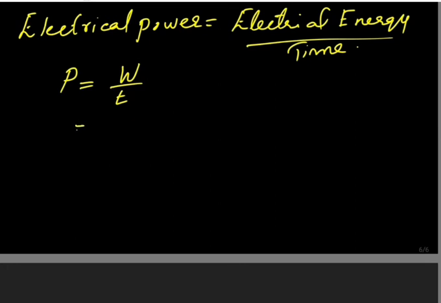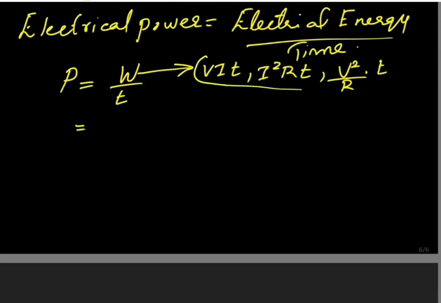Also, you just write the value of W. W can have three values, that is, it can be VIT, it can be I squared RT, or it can be V squared by R multiplied with T. So if you put those values of W, the time factor will get cancelled, and we have these expressions as power.